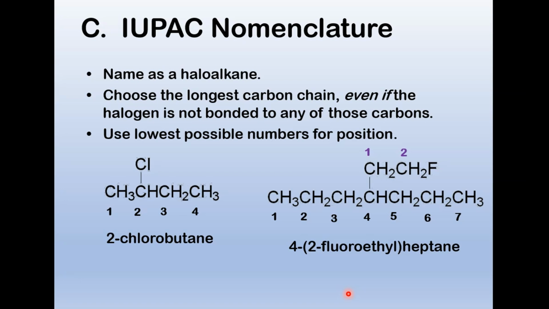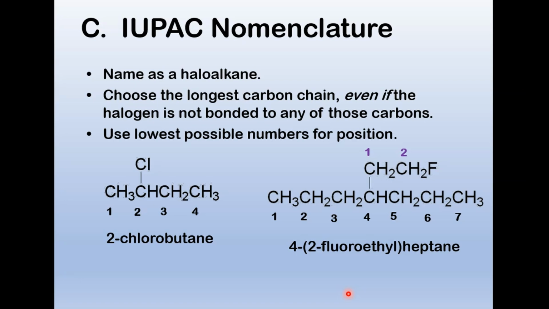I told you earlier we didn't formally go over chloro or bromo or fluoro or iodo, but that covers all of them except for element astatine. So now you know how to name those halogens as a substituent.